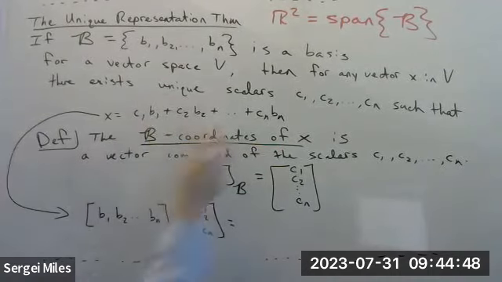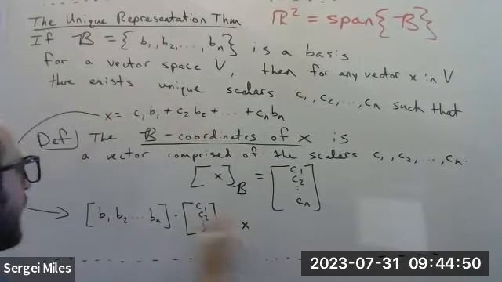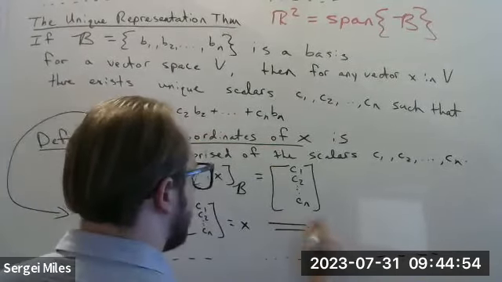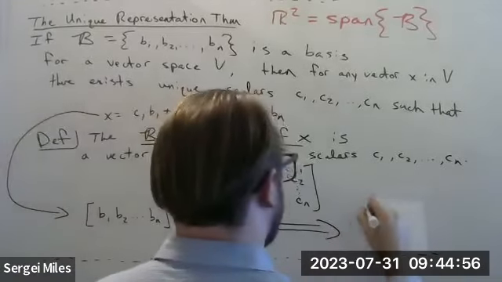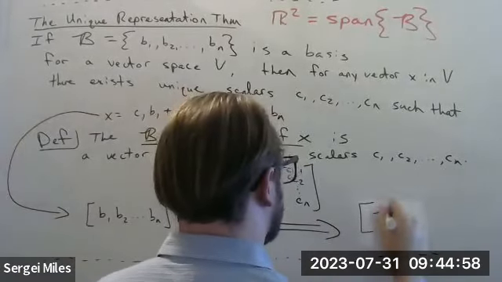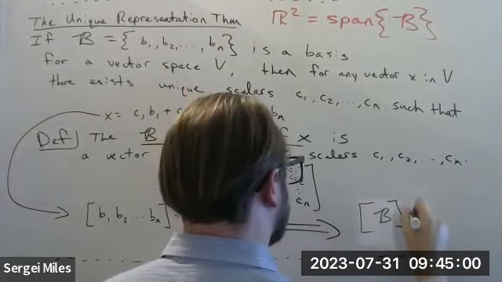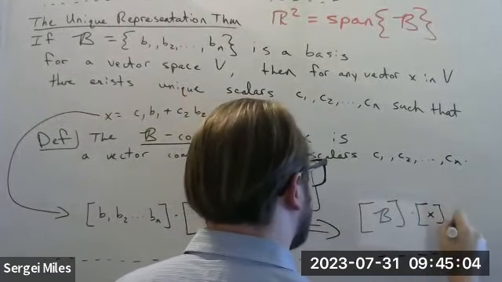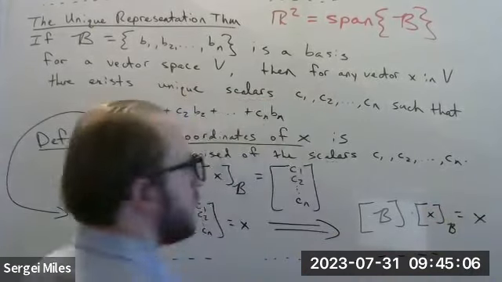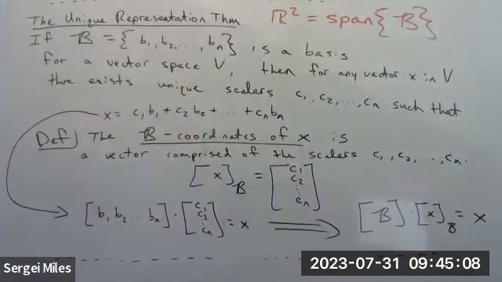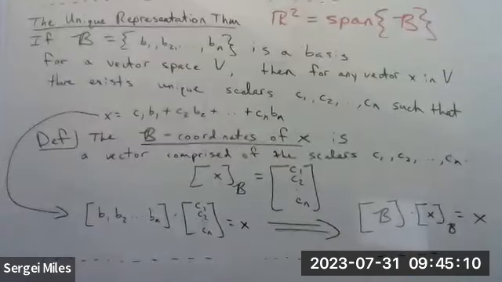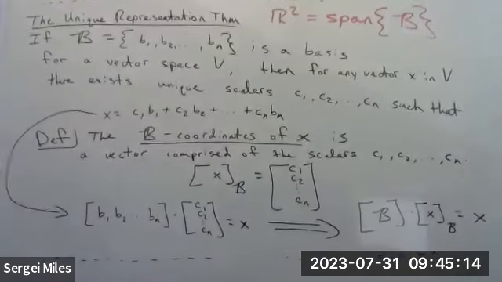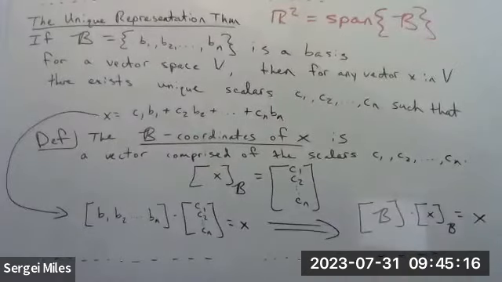And we want this linear combination to result in x. In other words, we're taking a matrix of our basis vectors, and what we're solving for now is the b coordinates of x, right? We're solving for x in terms of the basis here, right?